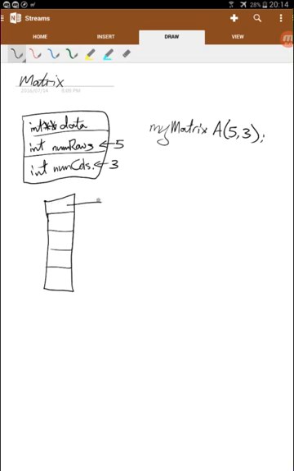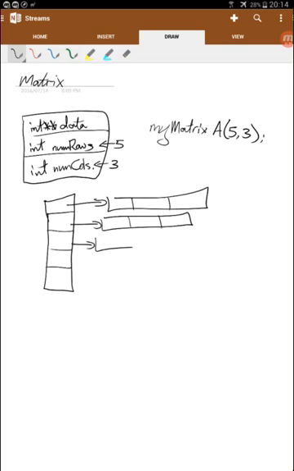This then gets set to point to a new array. Likewise for the second line, the third line, the fourth one, and the fifth one.